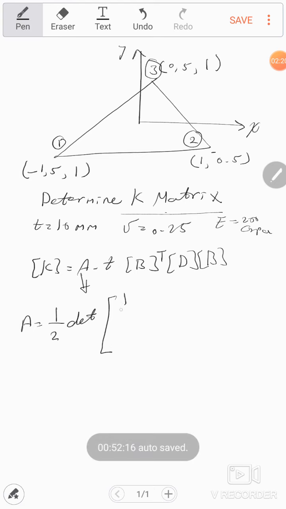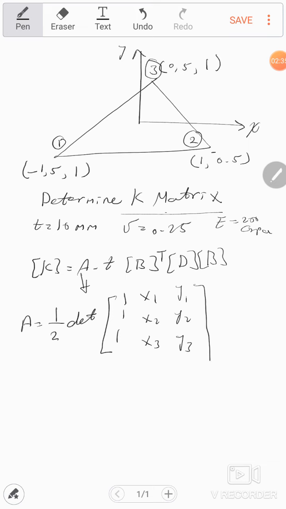of this one: 1 1 1, this is constant, x1 x2 x3, y1 y2 y3.